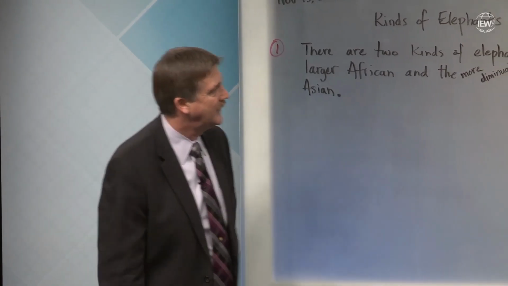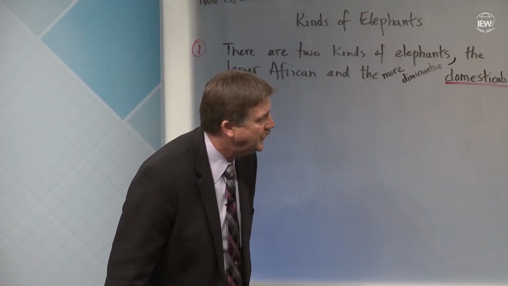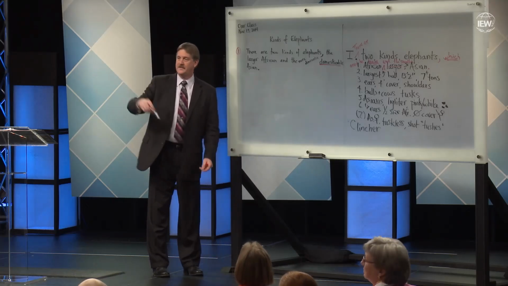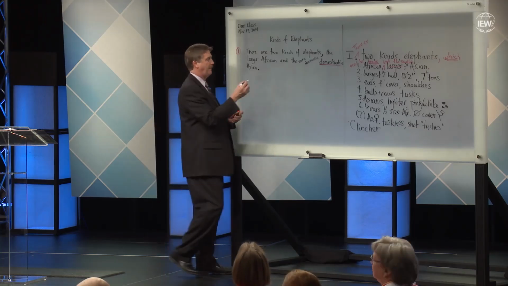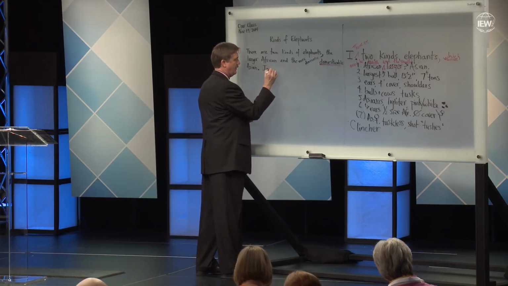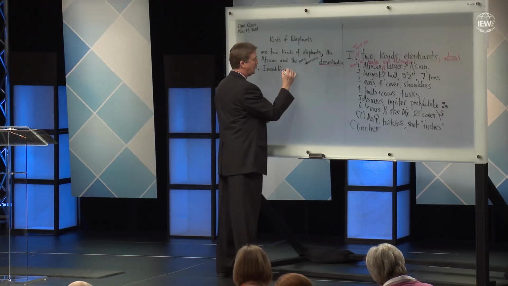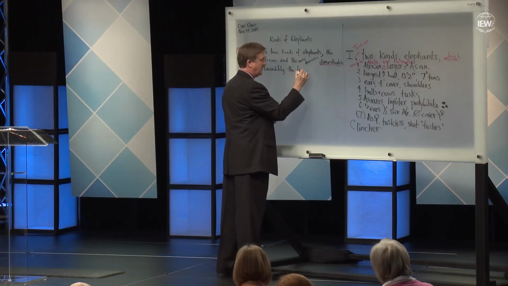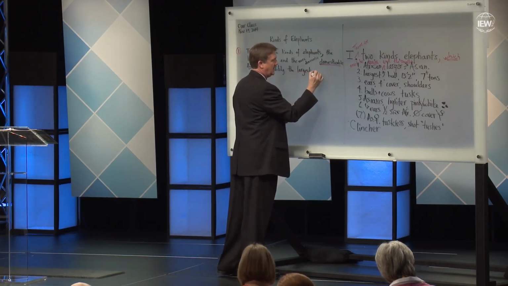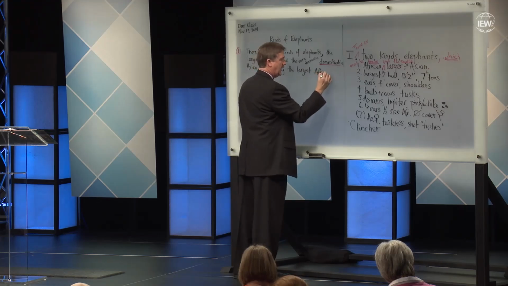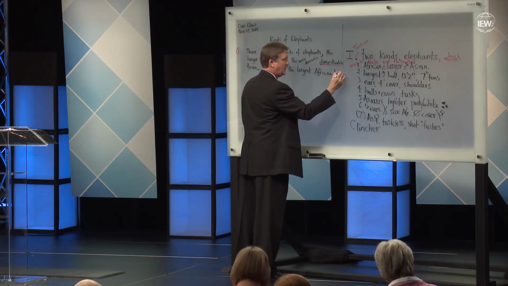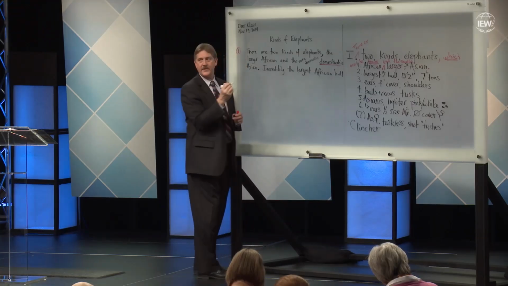Okay, let's move on. Largest bull, 13 feet 2 inches. Yes, Aaron. Incredibly, the largest African bull stood 13 feet 2 inches tall and weighed 7 tons. What was your verb there?